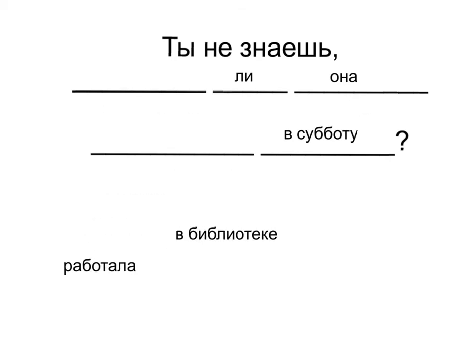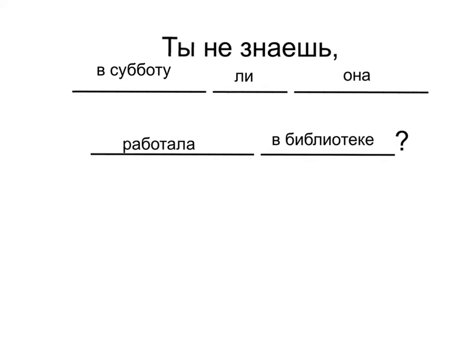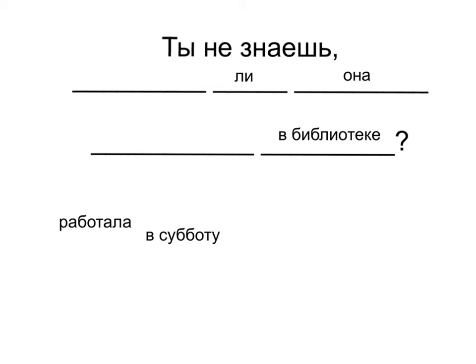Let's try another possibility. What about, we know she worked in the library. Was it on Saturday or another day? Ты не знаешь, в субботу ли она работала в библиотеке. What about, we know somebody worked in the library on Saturday, but was it her?